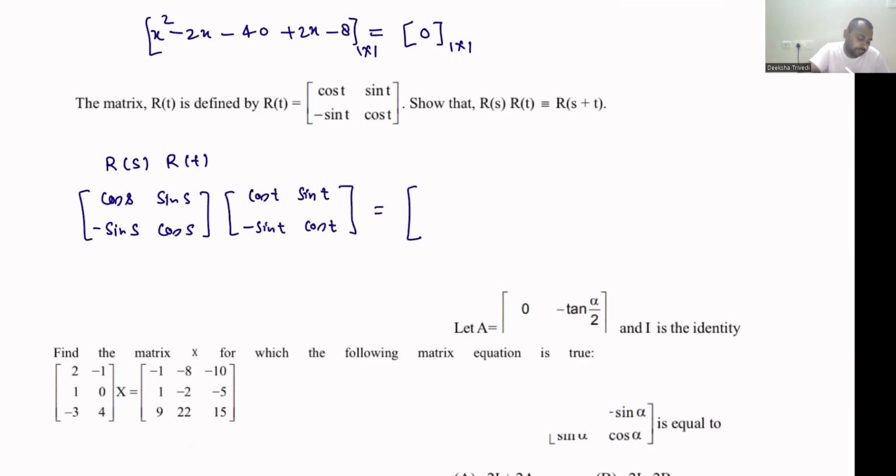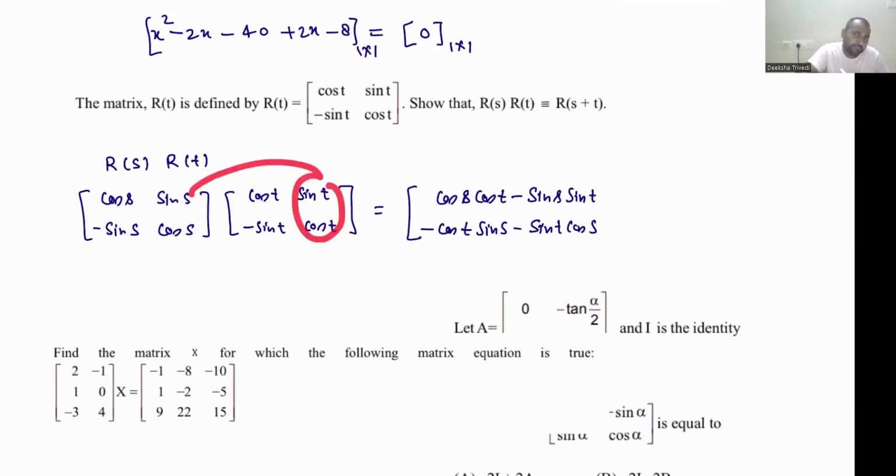Then we have cos S cos T minus sin S sin T. Then we have cos S sin T plus sin S cos T, and after that minus sin S cos T minus cos S sin T, and minus sin S sin T plus cos S cos T.